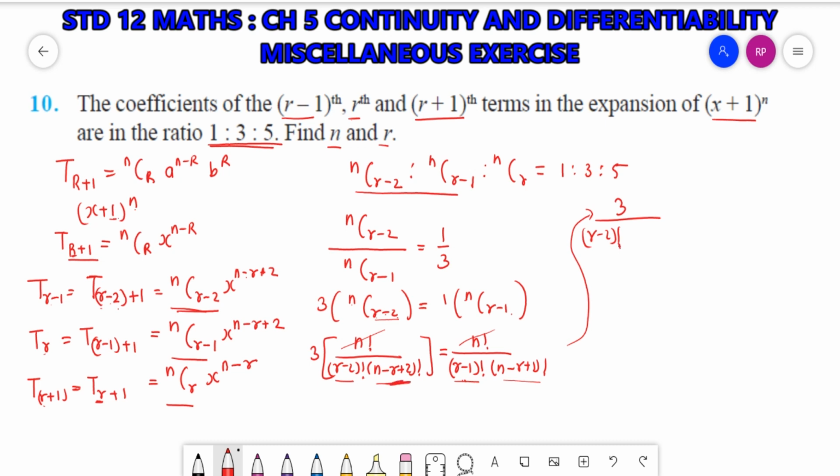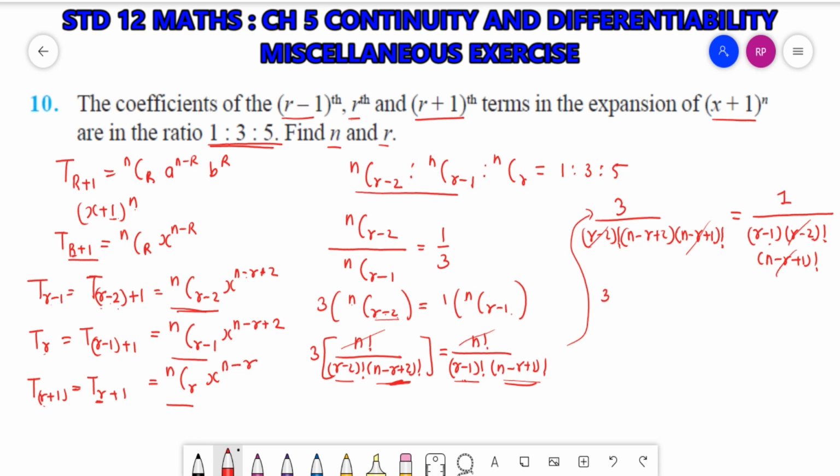Now this is greater, so I will write (n-r+2) into (n-r+1), and I will stop here because I am having (n-r+1) factorial. This is equal to 1 upon (r-1) into (r-2) factorial, and (n-r+1) factorial. The factorials will get cancelled, and (r-2) will get cancelled.